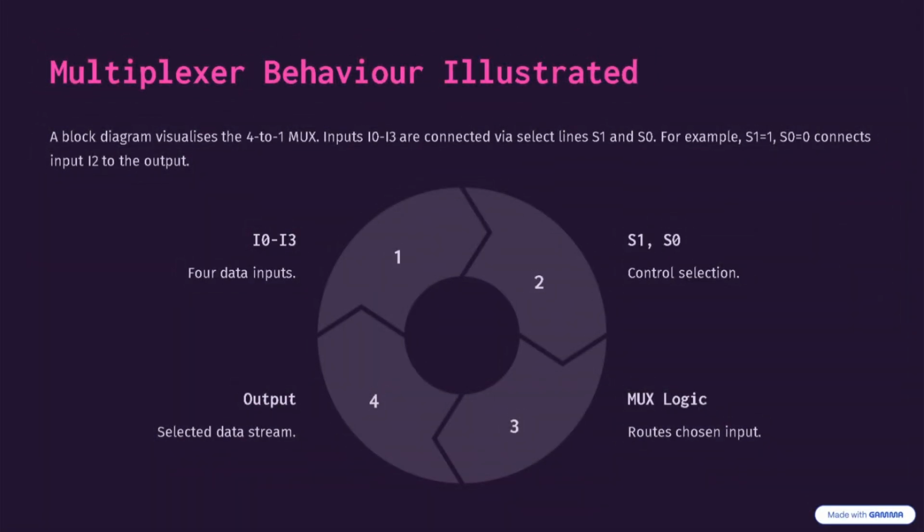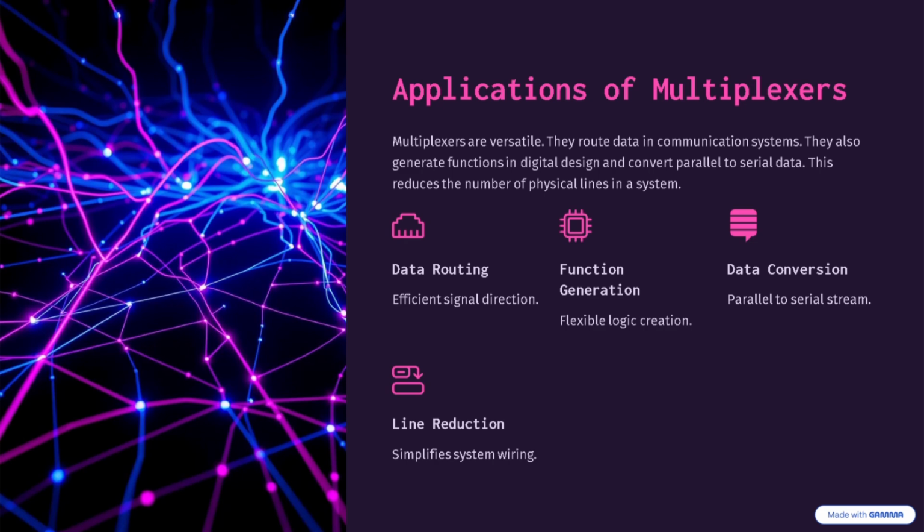Now let's look at the applications. Data routing, function generation, data conversion from parallel to serial streams, and then we have line reduction. This simplifies the system's wiring. It's just like having multiple highways merging into just one road. It simplifies everything.